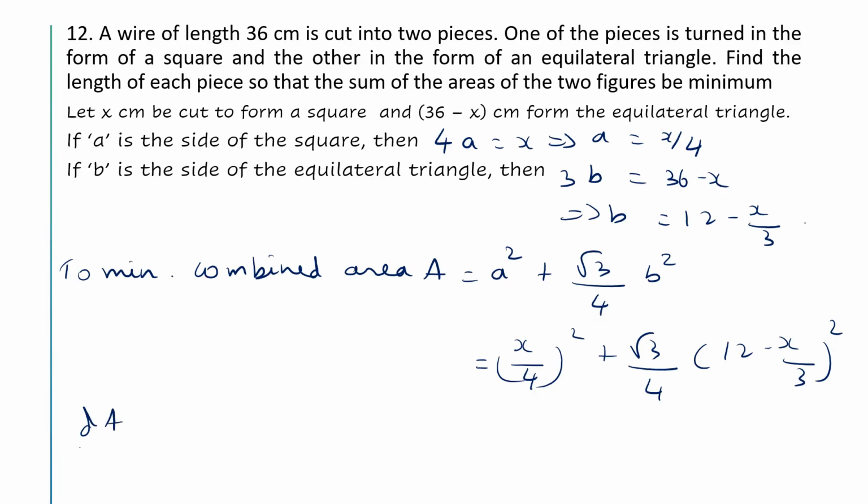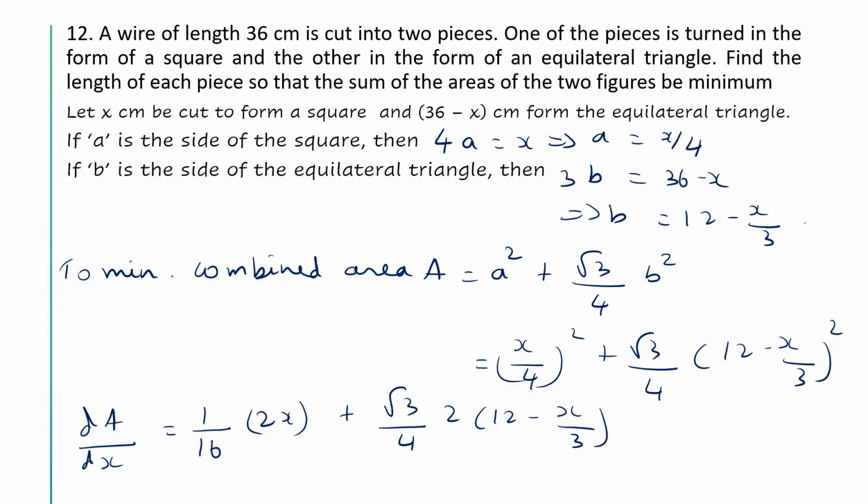So first let us find dA by dx. dA by dx is 1 by 16 into 2x plus root 3 by 4 into 2 into 12 minus x by 3 into minus 1 by 3.